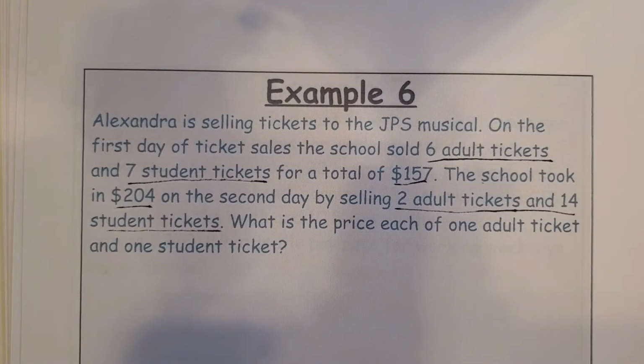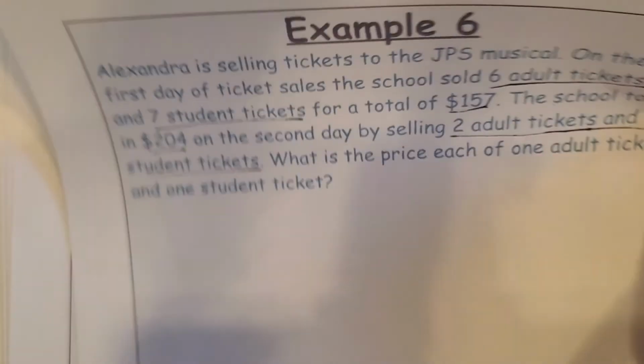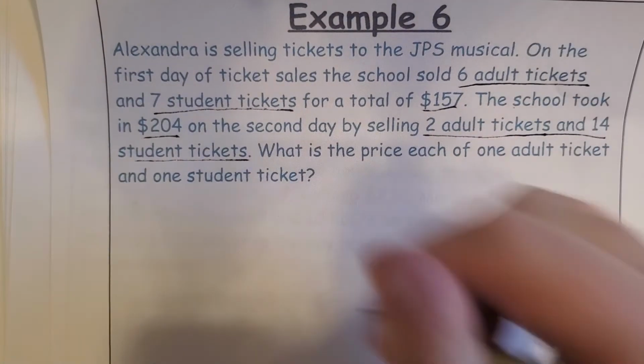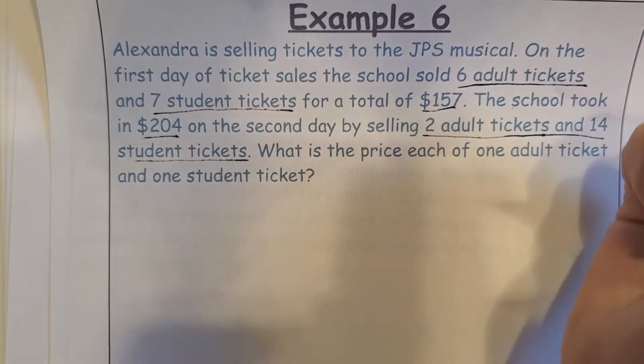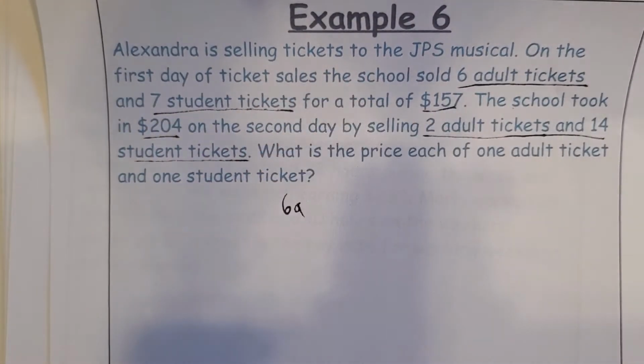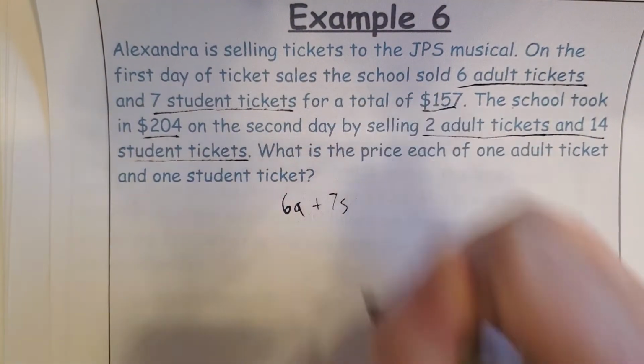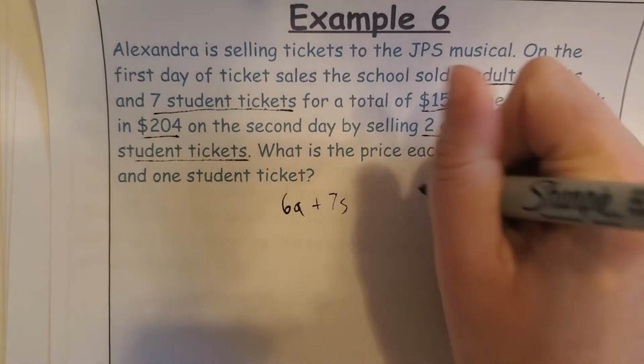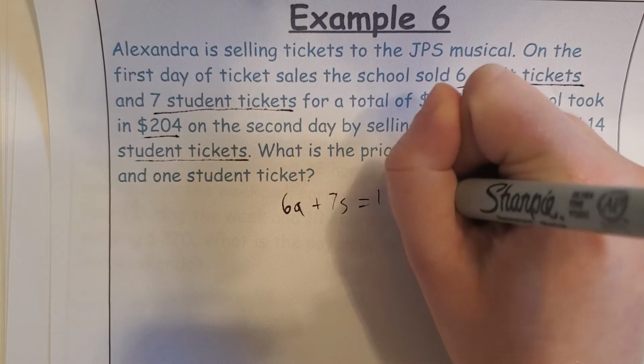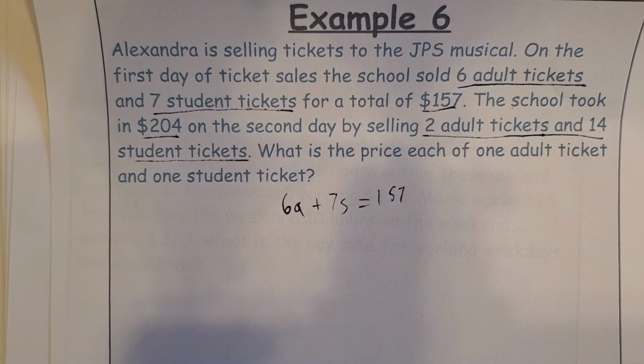So the 2 different equations that we're going to be setting up are to represent the 2 different days. On the first day, they sold 6 adult tickets, A for adult tickets, and 7 student tickets, S for student, for a total of $157. That's for the first day.